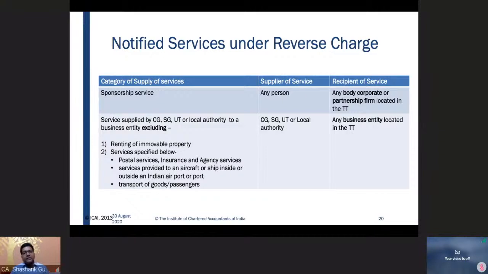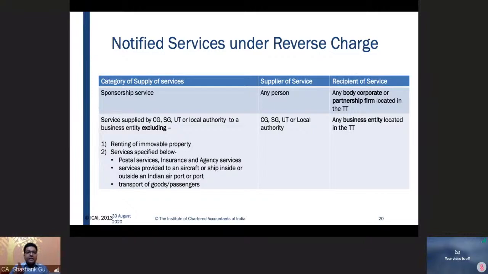In such cases where the supplier of service is central government, state government, union territory or local authority, the liability to pay the applicable GST will be on the business entity, that is the recipient of service.